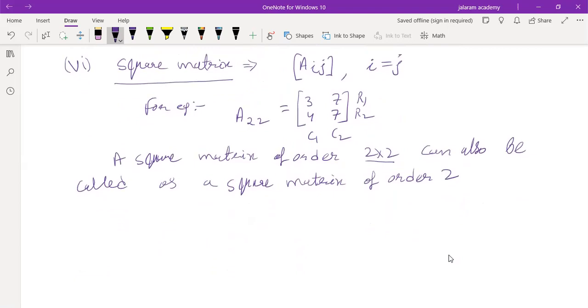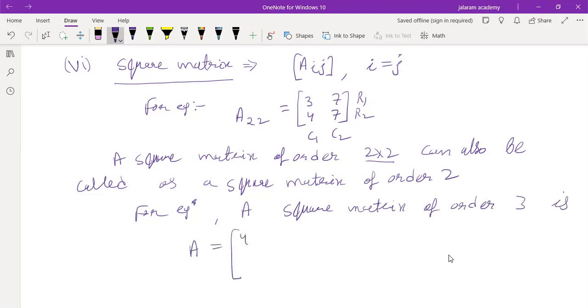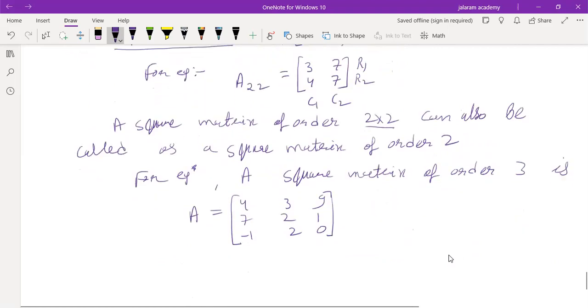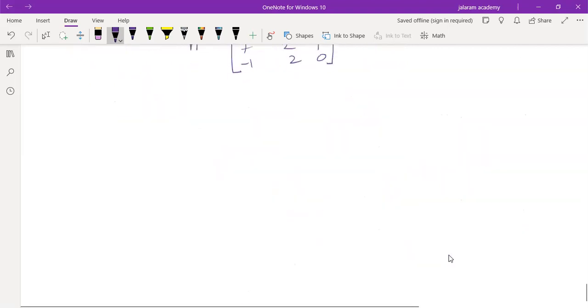Similarly, for example, a square matrix of order 3 is like this. Understood everyone the meaning of a square matrix?